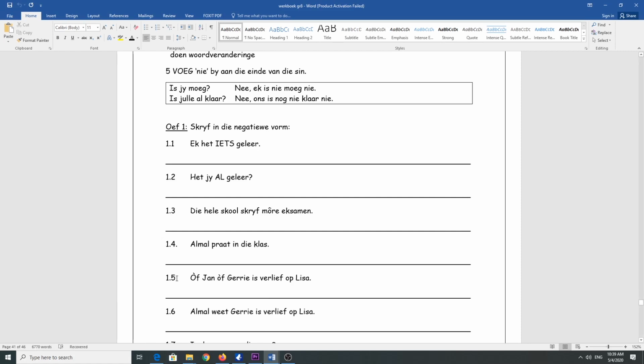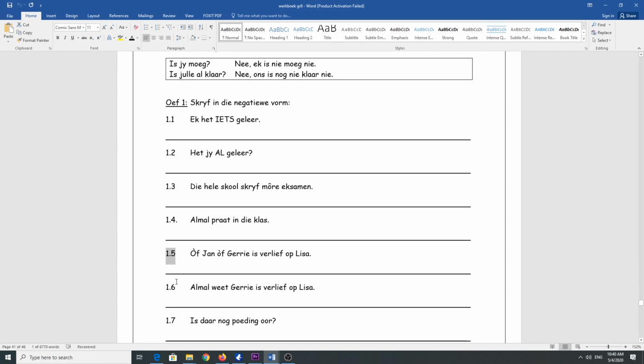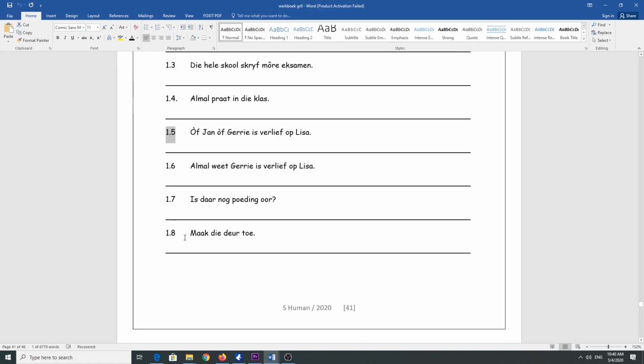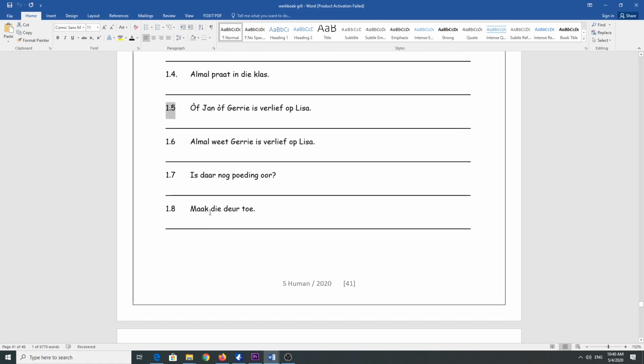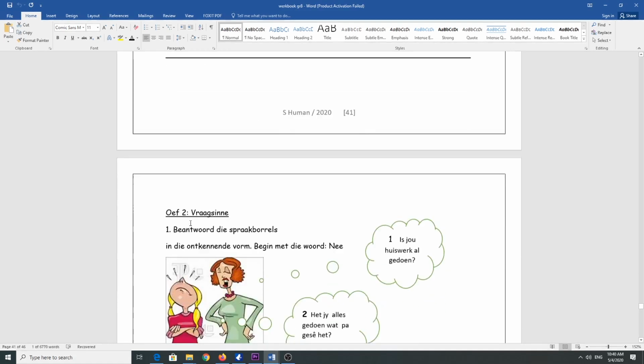I'm just going to ask you to leave number 15 out, because that I'll explain with group 1. Right, maak die deur toe, that's a command, so you will have to add the word moenie. There's no asseblief. If there was an asseblief, you would have said moet asseblief nie. But because there's no asseblief, you are going to start this one with moenie.